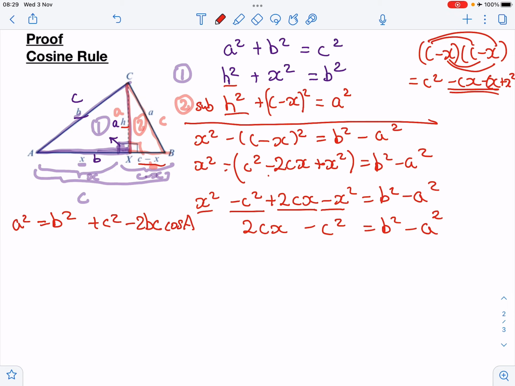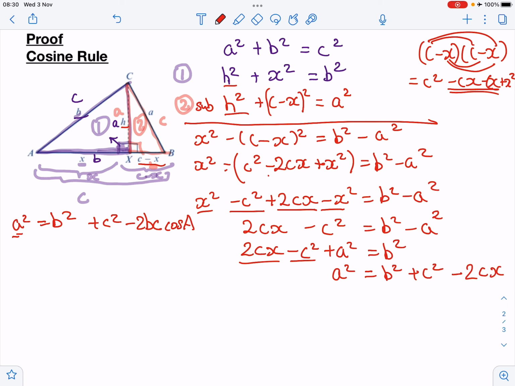Firstly, I want to make a squared positive, so moving a squared over, plus a squared equals b squared. And we want a squared by itself, so we subtract the rest. So a squared equals b squared, this minus c squared becomes plus c squared, and this plus 2cx becomes minus 2cx.